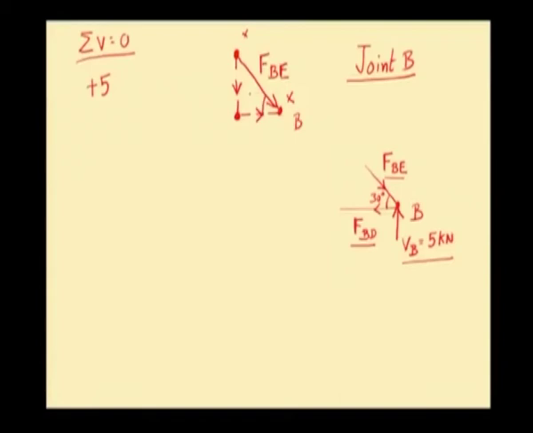So, this inclination is 30 degree. The vertical component of FBE is denoted as V and the horizontal component of FBE is denoted as H.